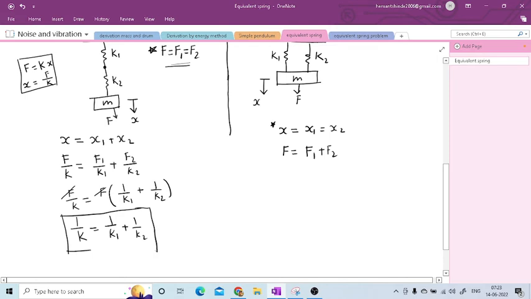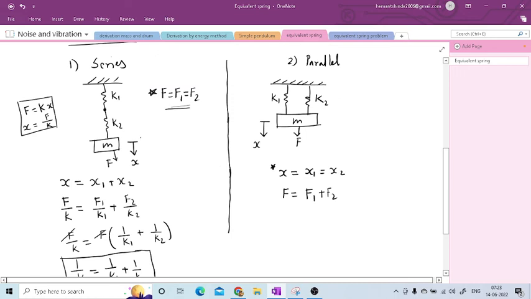Means if I replace the given springs, then I can draw it like this. Mass will remain the same, displacement will remain the same, but the two springs will convert into one spring and we call it KE, that is the equivalent spring.